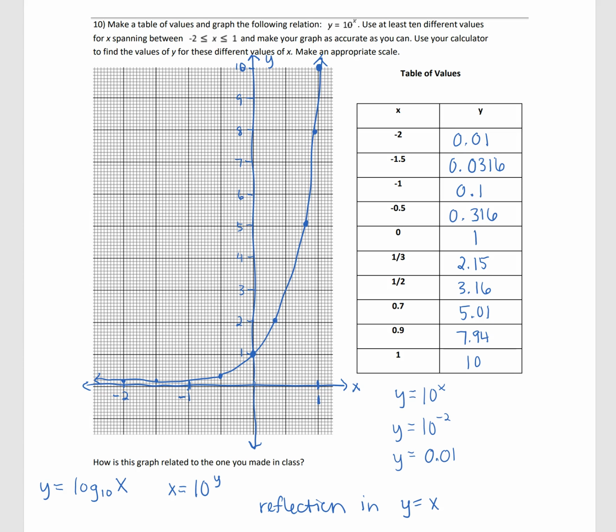That's kind of hard to see because our scales are not quite equal. But if you make the scales of the two graphs equal, you can see that all we've done is reflected each point in this line. So that's how the graphs are related. And this is the graph for y equals 10 to the power of x. So those are the answers to question 10.